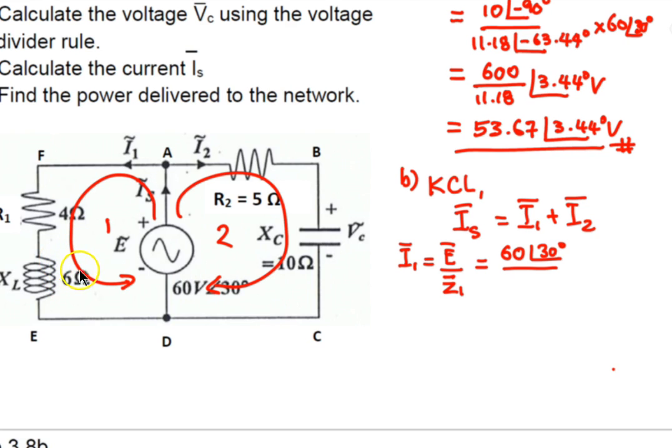Now 4 plus J6 is the rectangular version, which I would like to convert to the phasor version, the polar version, which is 7.21 angle 56.31 degrees, which gives 8.32 at an angle of minus 26.31 degrees ampere.